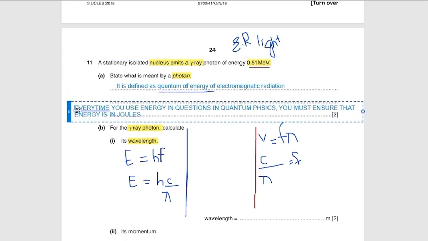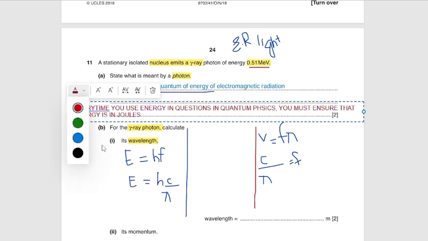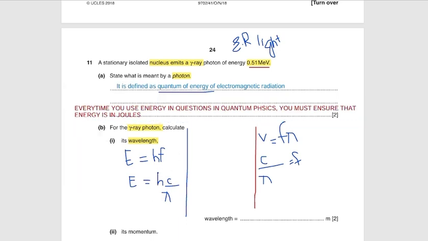That is an extremely important point, which if it does not happen, can mess up our question. So we need to convert 0.51 megaelectronvolts into joules to be able to use it in this question. How do I convert megaelectronvolts to joules? It's better if you learn this conversion, because it isn't given at the beginning of your paper.